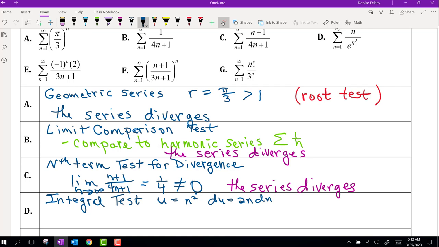And what I'm going to find is that the limit as t approaches infinity of the integral from 1 to t of, I'm just going to put x's here, x over e to the x squared dx with my u substitution is going to equal 1 over 2e, so I can say that it converges.